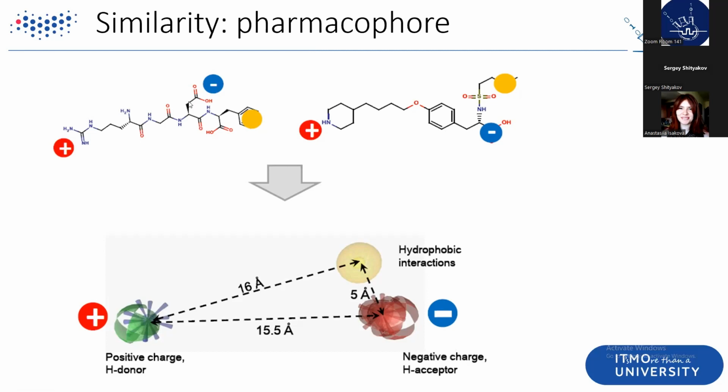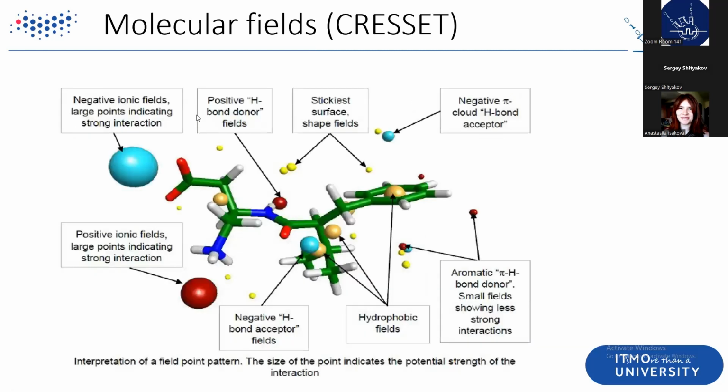They are also enriched by molecular fields, so kind of an enriched pharmacophore concept. Some people even go further. So here is an example of an enriched pharmacophore with Cresset fields. It's free for academia, and I also have this software, but I didn't really test it. But it's possible to test.